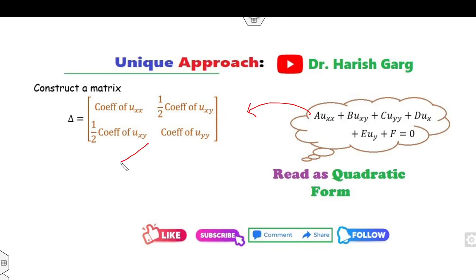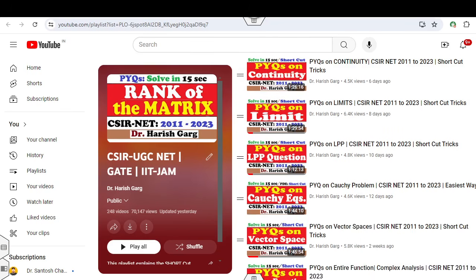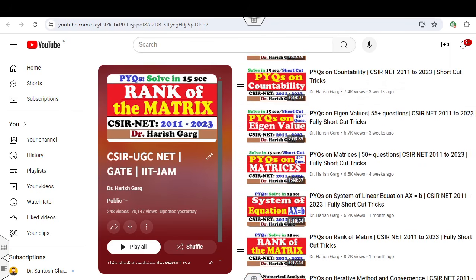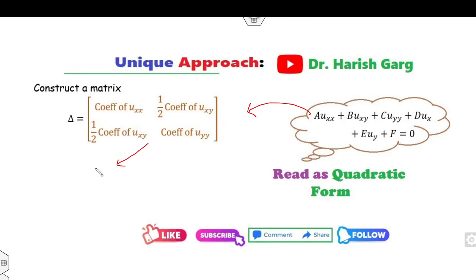Once you convert it into the matrix, then as I told you in my PYQ series of matrices, once you know the matrix, you can solve this problem with the help of the eigenvalues, the rank of the matrix, or the determinant of the matrix.